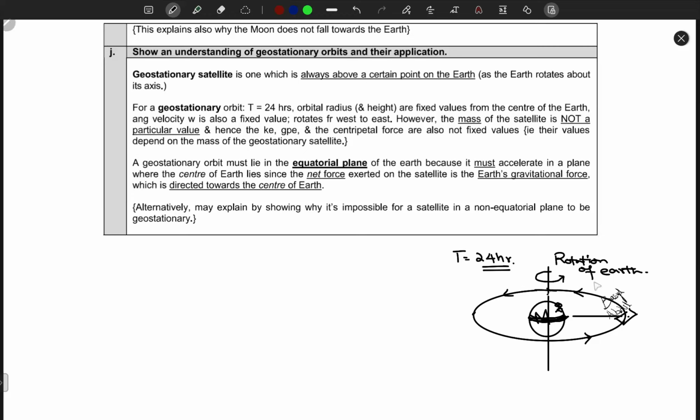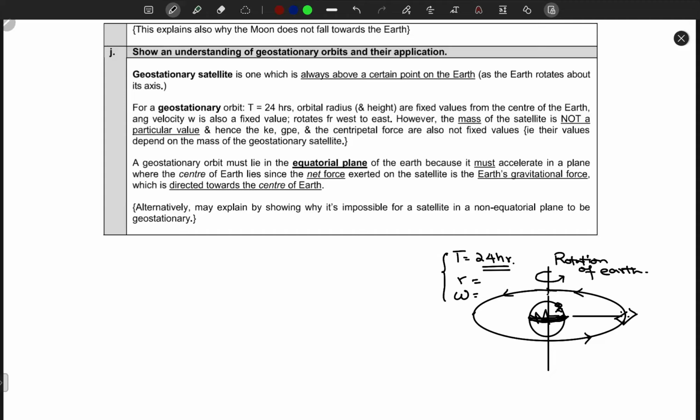Now the time period of this would remain the same. The radius of the orbit will also remain the same. It could be any radius, but you'd have a fixed value for that, and the angular speed would also be fixed. The satellite would be rotating around the Earth with the angular speed of the rotational speed of the Earth. So these things would remain the same.